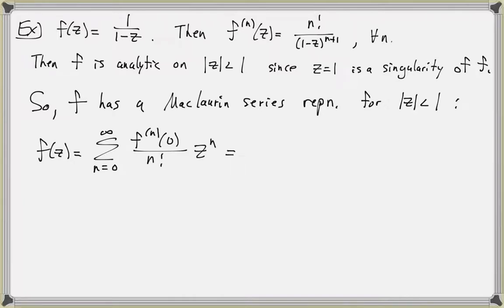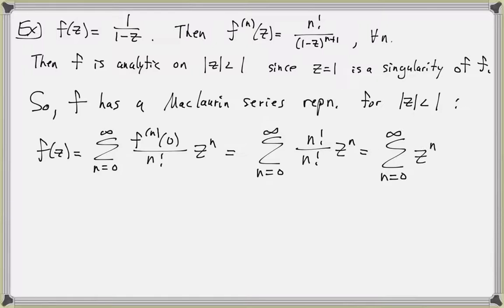But from the formula above, when we plug in 0 into the nth derivative, we just get n factorial. So this equals n factorial over n factorial times z to the n, and this equals the formula that we already knew, that is, the function 1 over 1 minus z can be represented as the geometric series, the sum going from n equals 0 to infinity of z to the n.